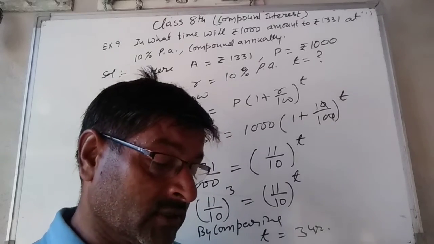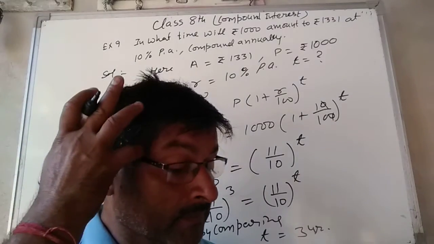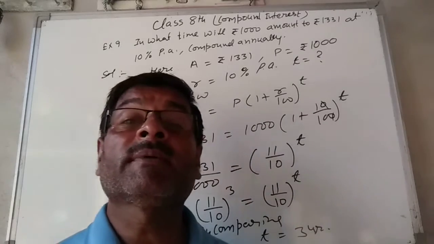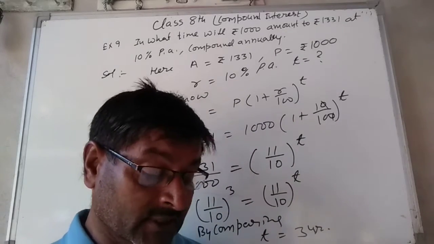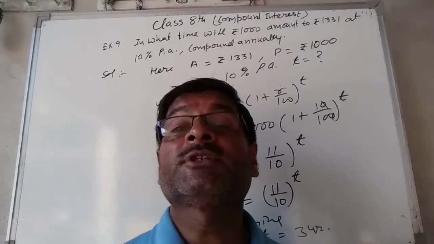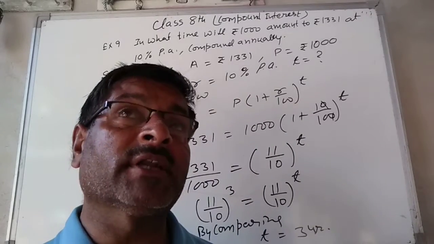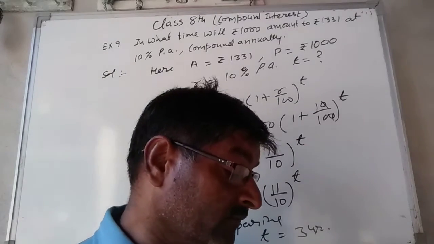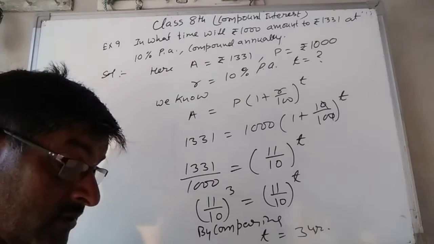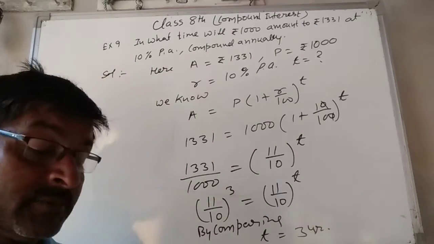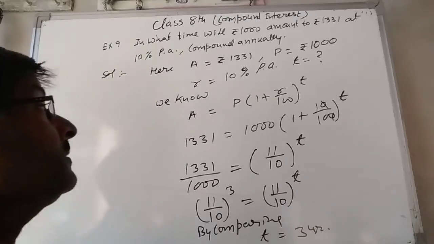Third, when the amount is given, how can we find the principal? Fourth, when the amount, the principal and the time are given, how can we find the rate? And now we are going to learn when the time is asked, and the rate, amount and the principal are given in the question.